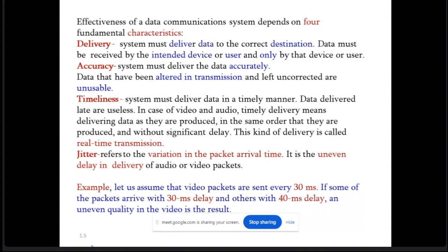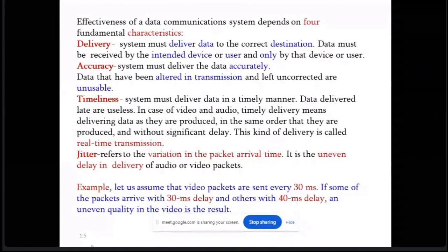Second one, accuracy. Our system must deliver the data in accurate format. Data can be altered during the transmission, due to some reason. If you are sending a signal, the signal may be lost. In communication theory, you may know these things. We add the original message signal with the carrier signal, and it is modulated, and then transferred. Why do we add the carrier signal with the original message signal?